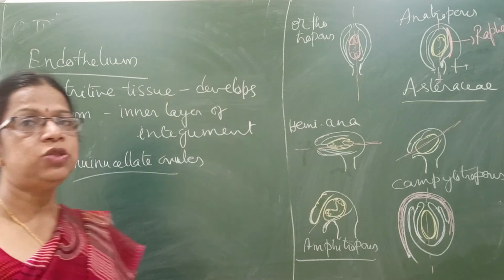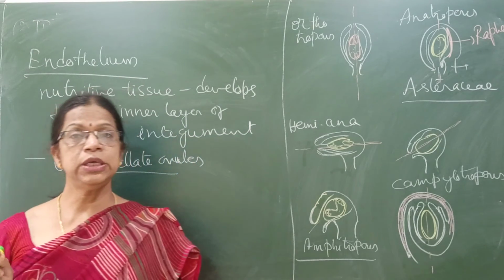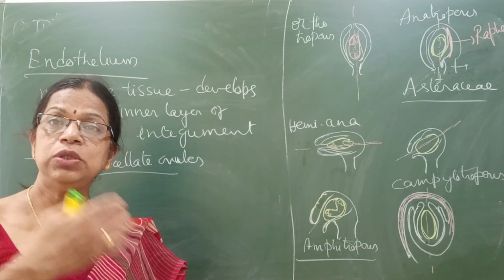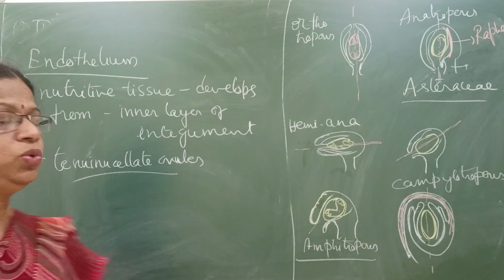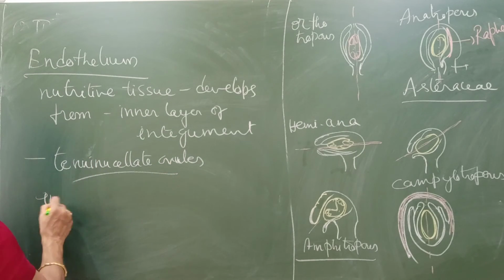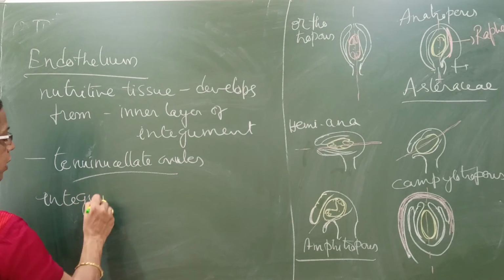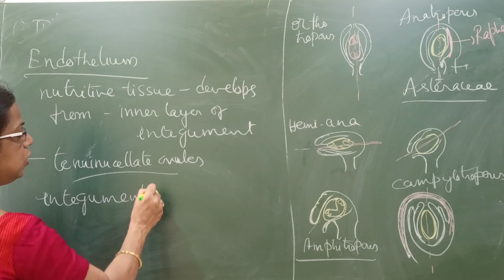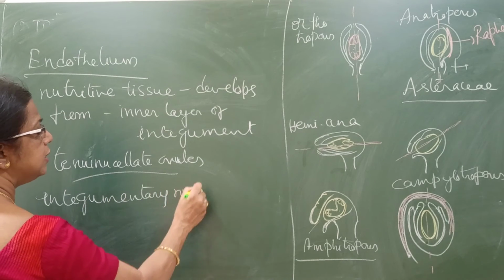We already discussed tenuinucellate ovules, which have very little nucellus, so the integument layer develops as a nutritive tissue. So this is also called integumentary nucellus.